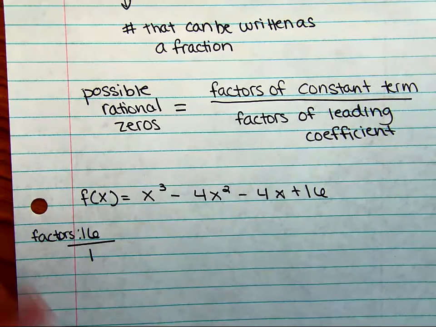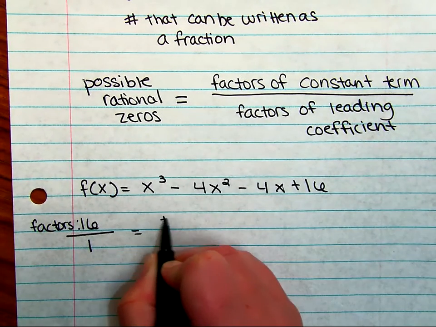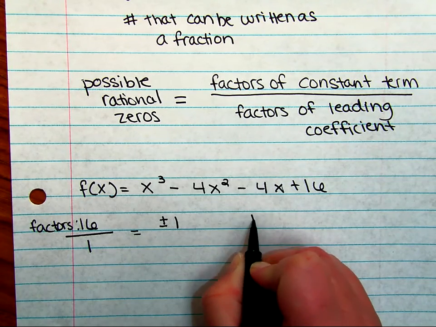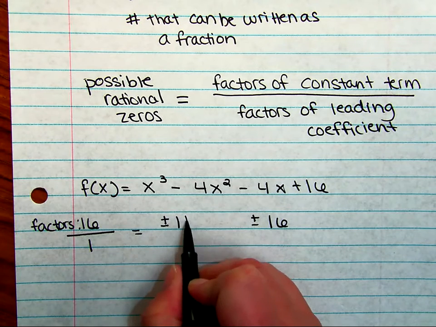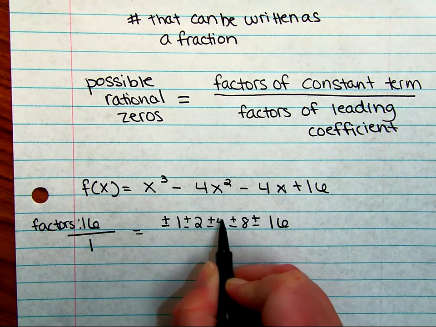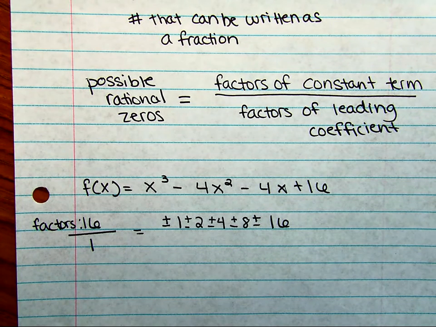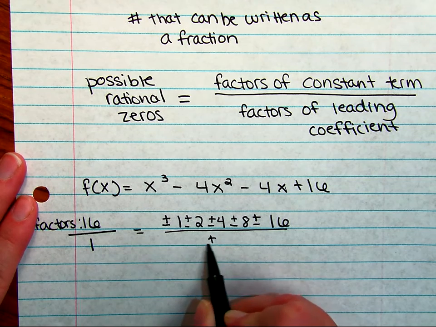So that's nice because factors of 1 are just 1. So that would be plus and minus 1 and plus and minus 16, plus and minus 2, plus and minus 8, and then plus and minus 4 are all the possible factors of 16. And then we have all over 1.